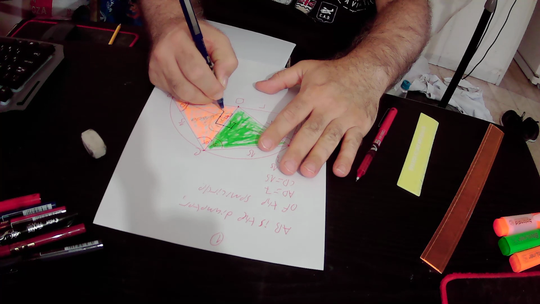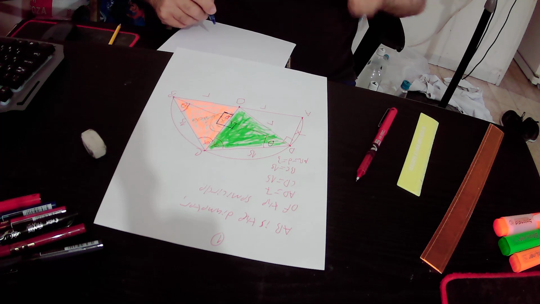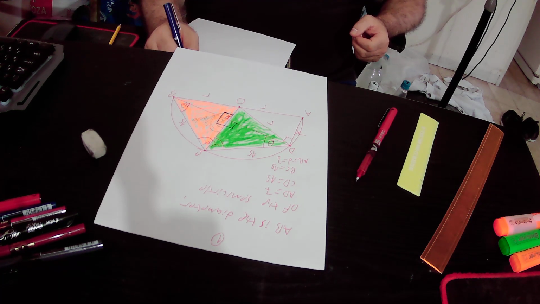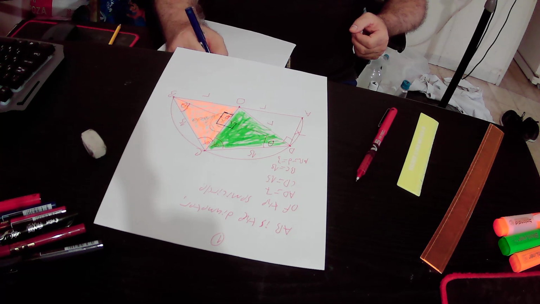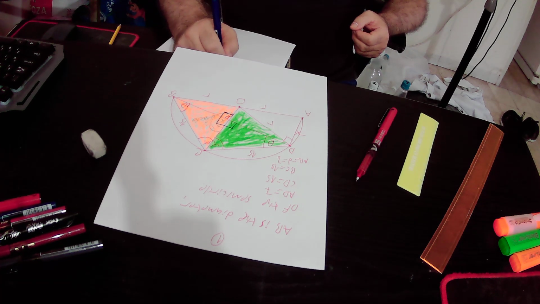It equals 90 degrees. So actually around point E we have 3 right angles. Around point E, I will write it down, we have 3 right angles.